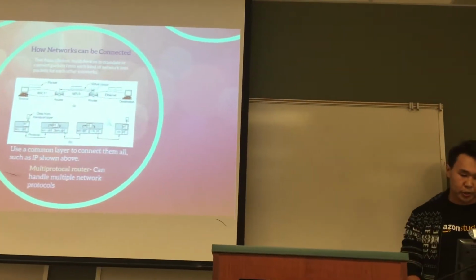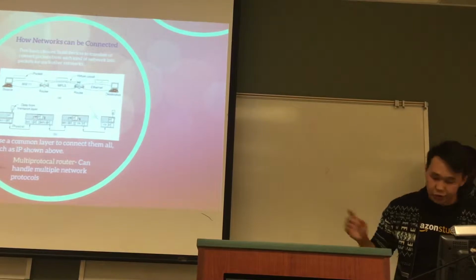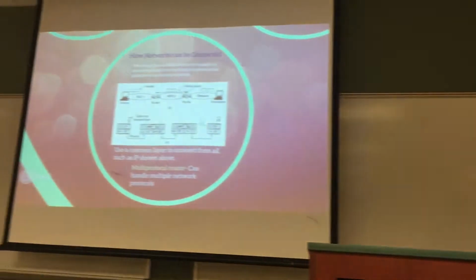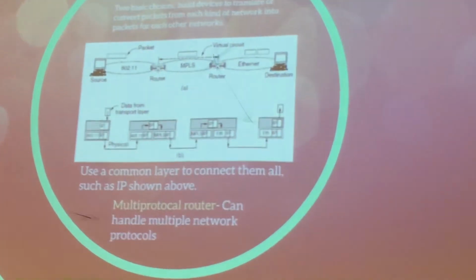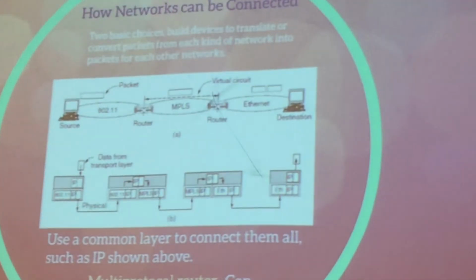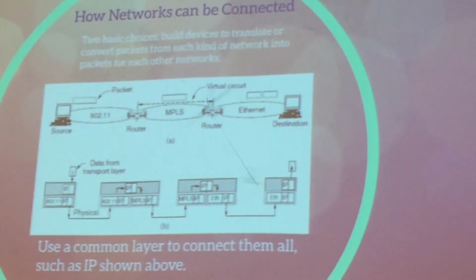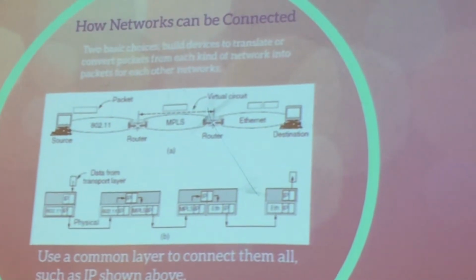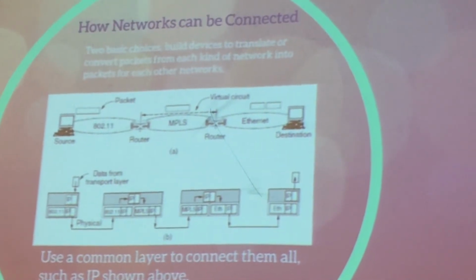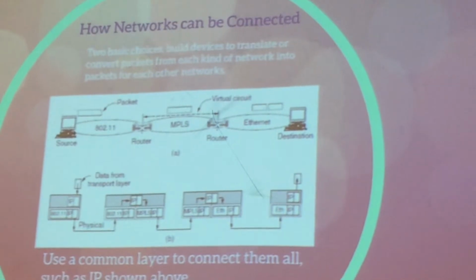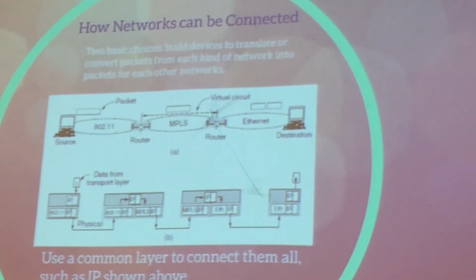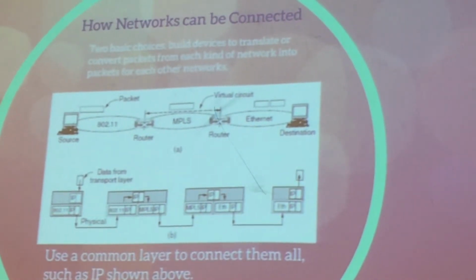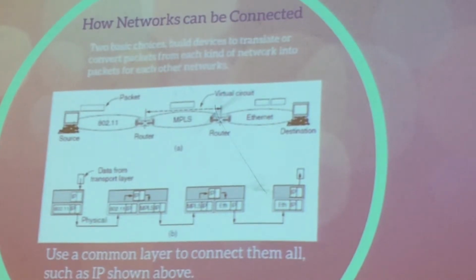Let's focus on the picture on the screen. We have three types of networks now. The first one is a wireless network, another one is an MPLS network, and the other one is an Ethernet network. I would like to send one packet from the source to the destination. First, from the source, it sends the packet to MPLS.